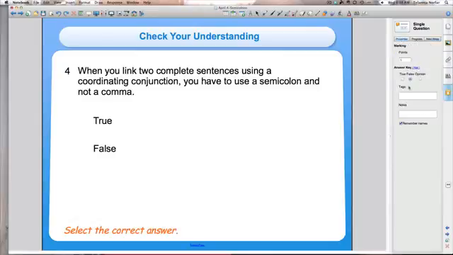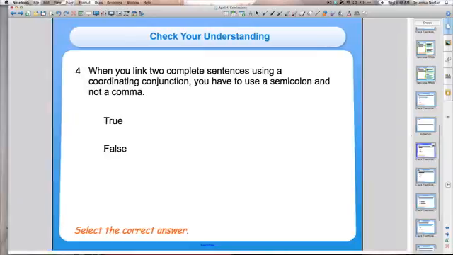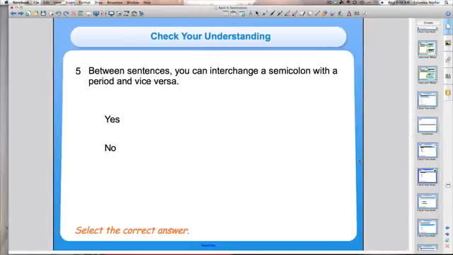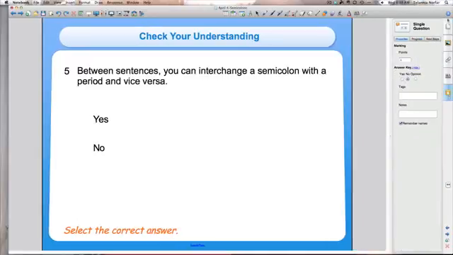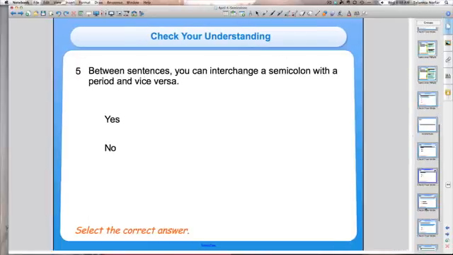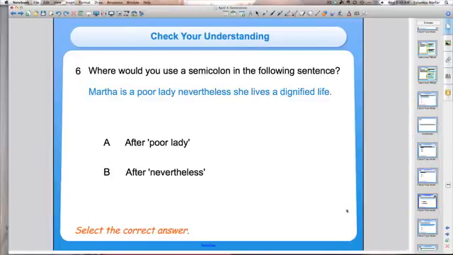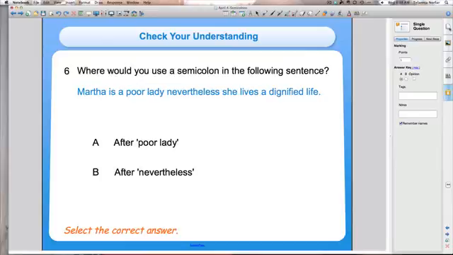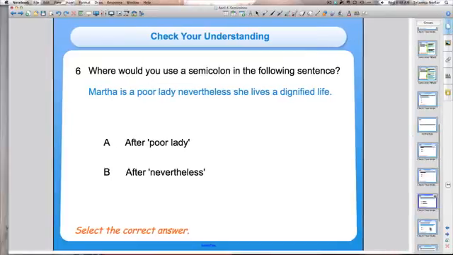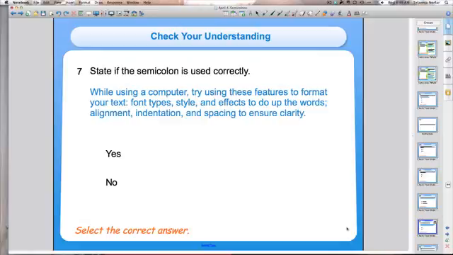Okay, if you said false, you got it right. Next sentence. You got it right if you said no. Okay, another one. You got it right. The answer is A. Here's our next question.